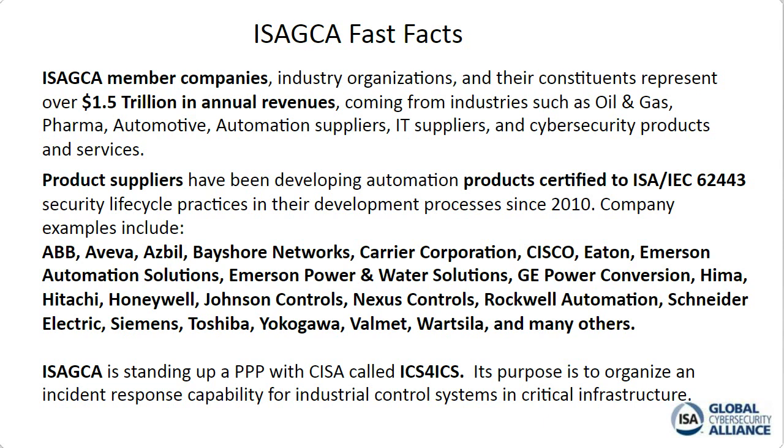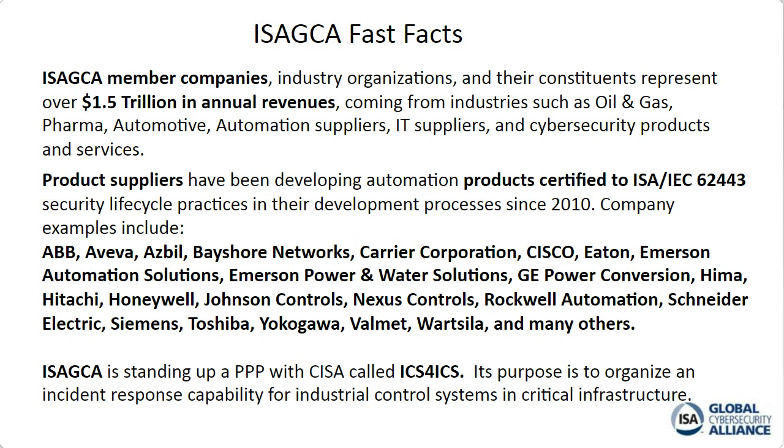But you look at this: ABB, Aveva, Osbil, Carrier Corporation, Cisco, Eaton, Emerson. These are all major organizations that are thought leaders and leading the charge in getting the product certified. GE, Hitachi, Yokogawa, Schneider Electric, go down the list.